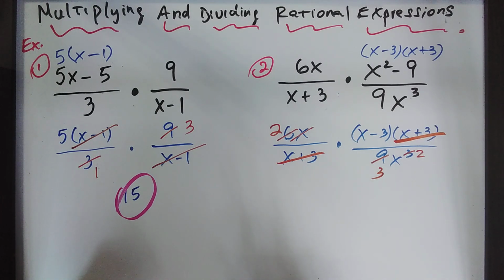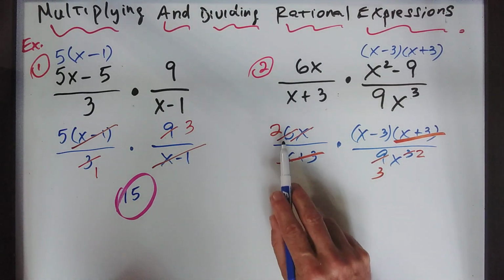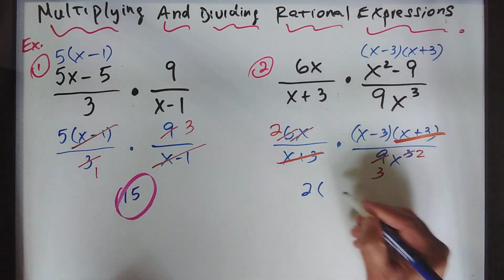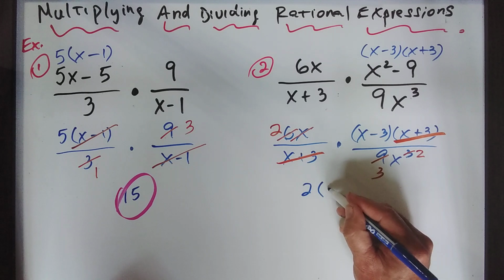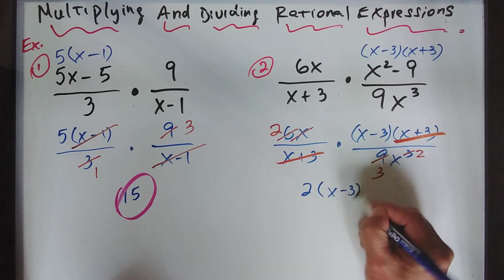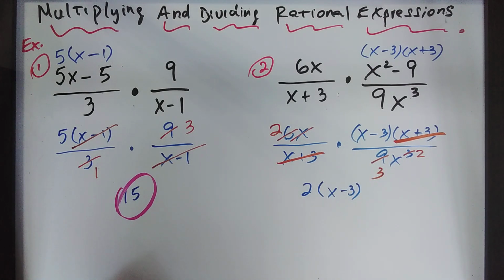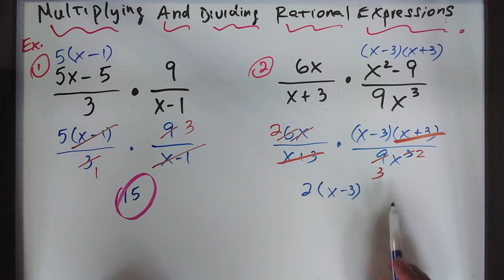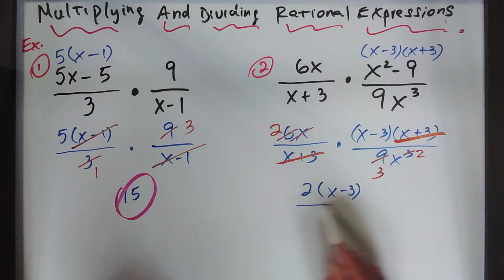So let's see what we got left then. What is left on top? I have 2 times that. So just leave it like that, indicate it: 2 times x minus 3. That's what I got left on the top. And then on the bottom I got 3x squared.